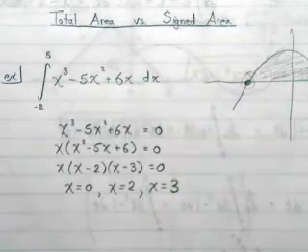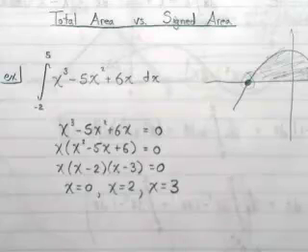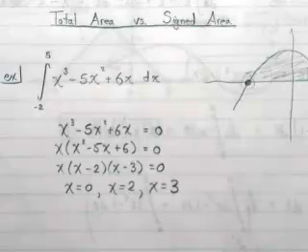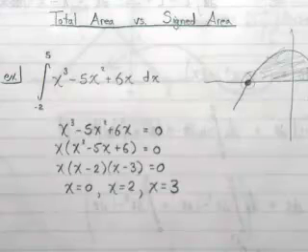So what that means is I need to not just take one integral, I need to take several that are broken apart by these zeros. If I look at my limits of integration right now, I want -2 to 5. The first zero that I run into is 0, so the first chunk is -2 to 0.